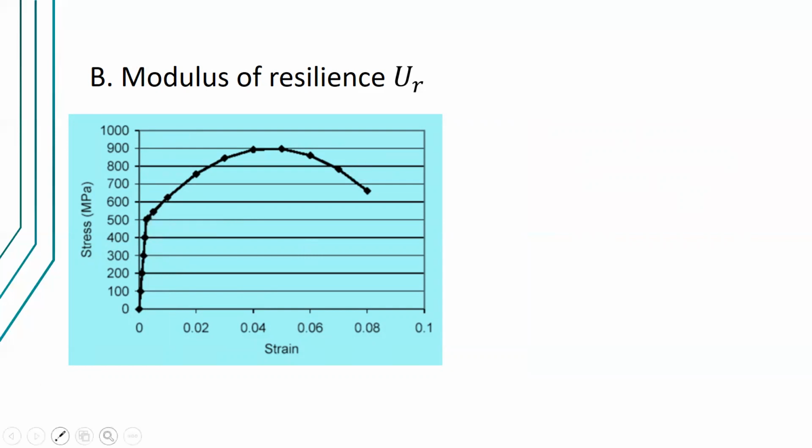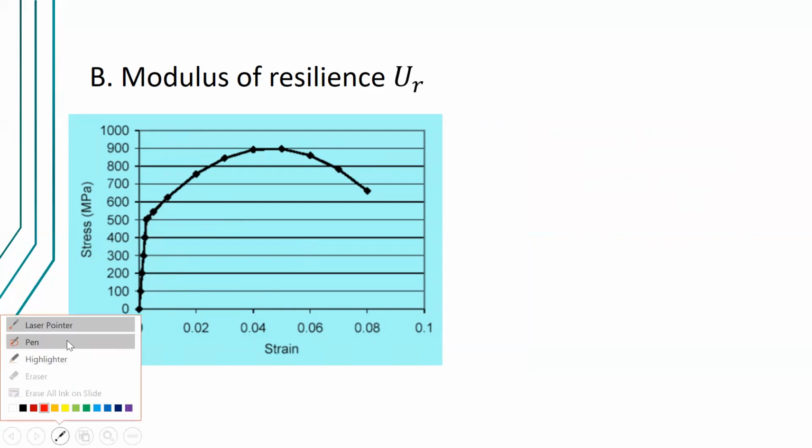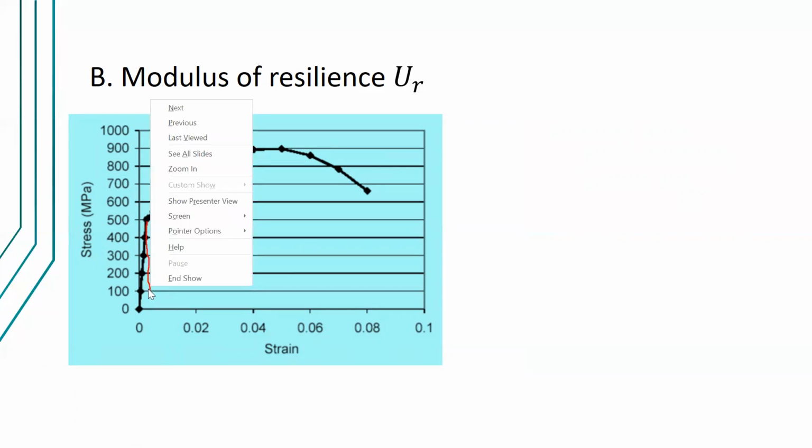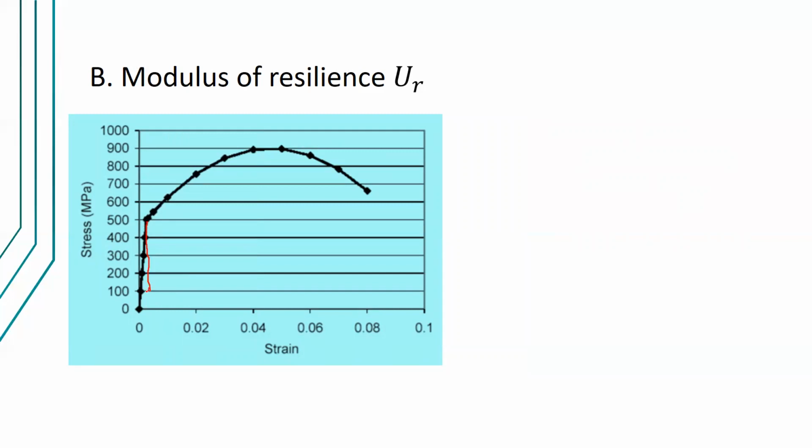So imagine you have a triangle there. From the yield point, cross the horizontal axis. I'm using my mouse, but that should be a straight line and it forms a triangle. So that area should be the modulus of resilience.